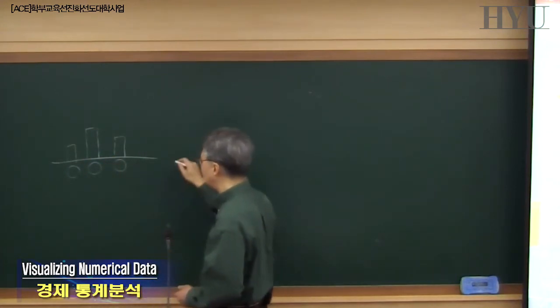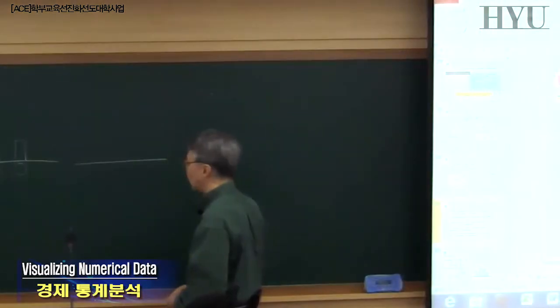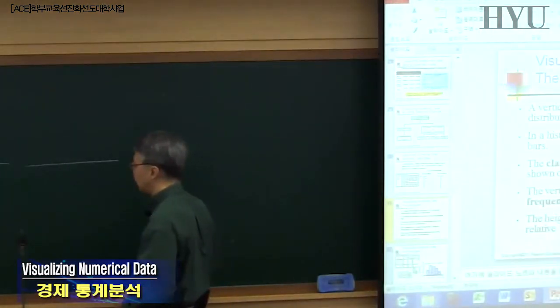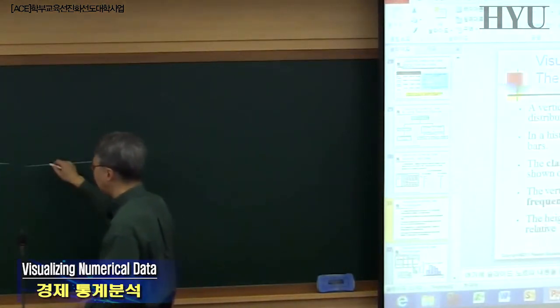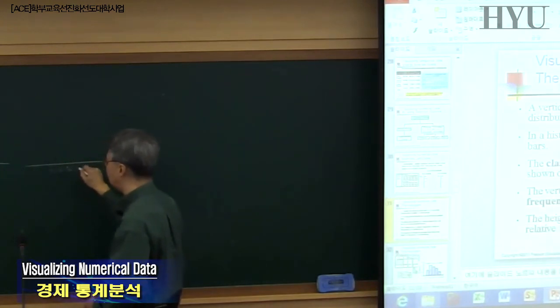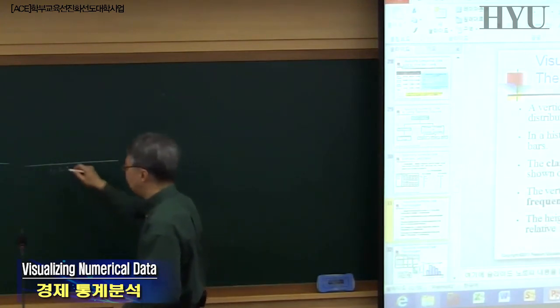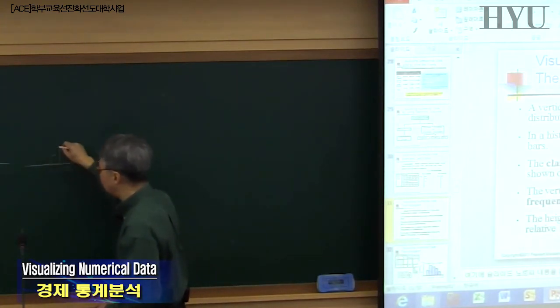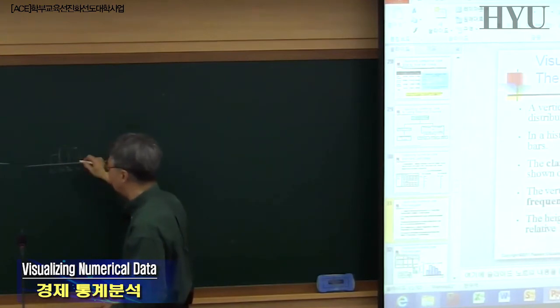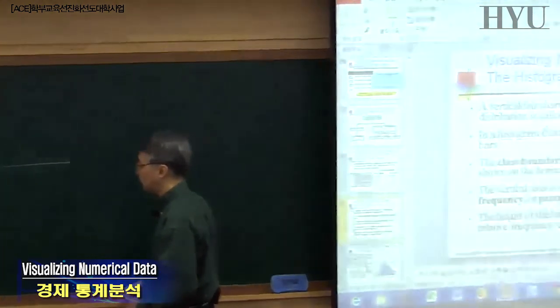But now we are dealing with quantitative or numerical data. There will be no gap because it's 10, 20, 30, 40. We don't have to have a gap. So using the same numbers, we can create this histogram.